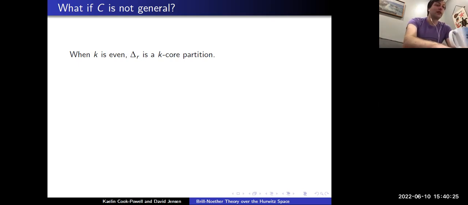In particular, what if the curve C itself has a map to P1 of small degree k? In this case, when k is even, this triangle that I described is a k-core partition. It's not hard to see, but I haven't given you any of the definitions, so it's probably hard for you to see in this moment.